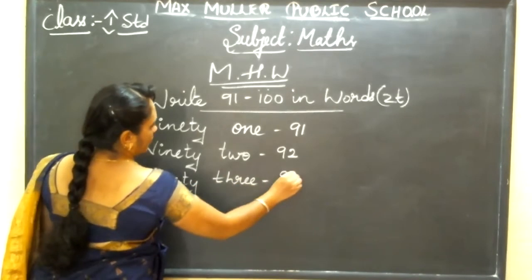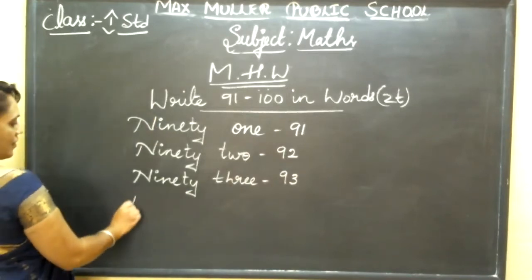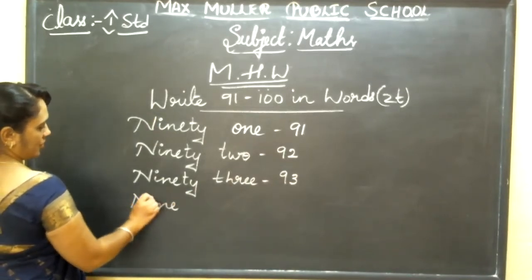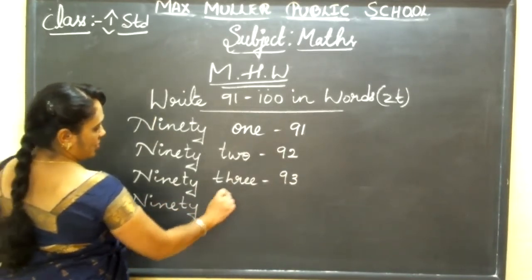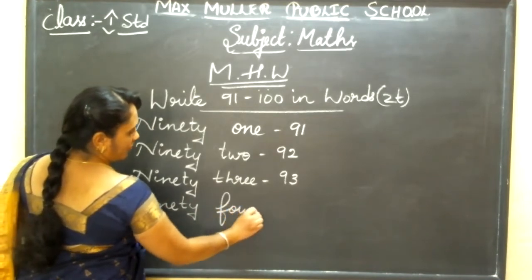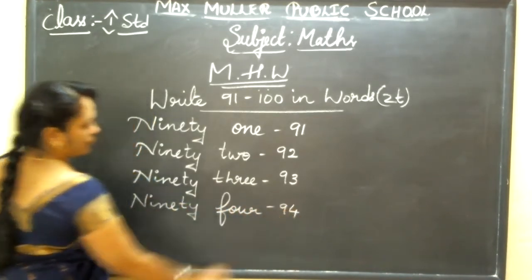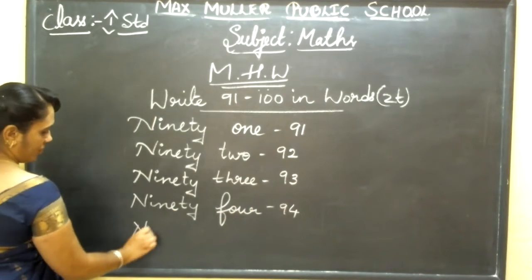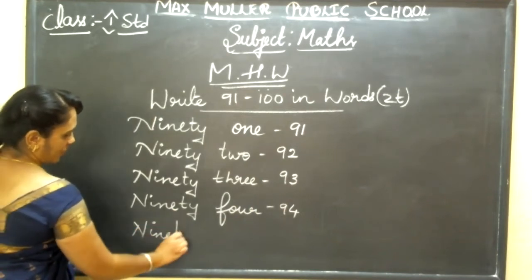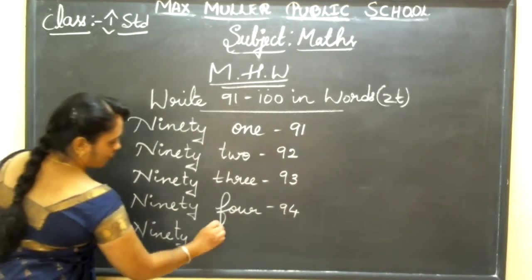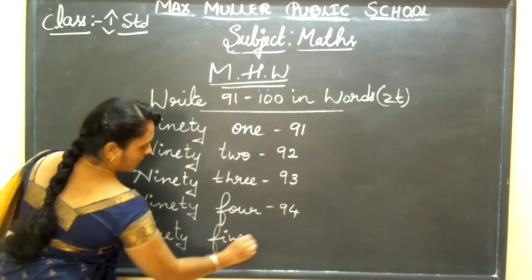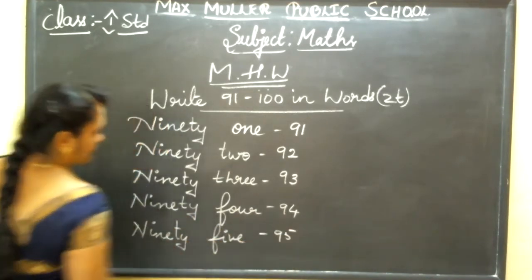T-H-R-E-E 3. 93. N-I-N-E-T-Y 90. F-O-U-R 4. 94. N-I-N-E-T-Y 90. F-I-V-E 5. 95.